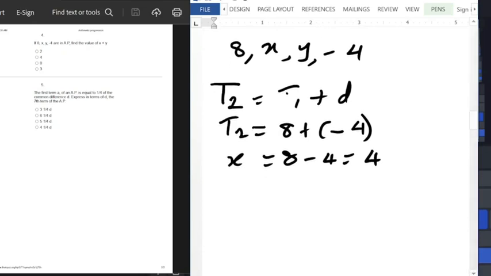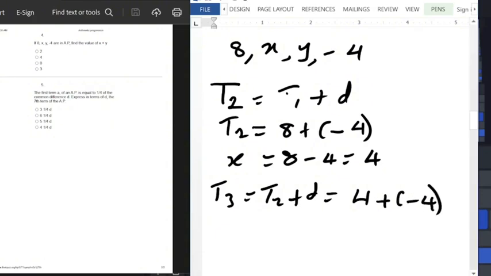Then to get the third term, T3 equals T2 plus the common difference, which is T2, that is 4, plus minus 4. So T3, which is y, equals 4 minus 4, which equals 0.